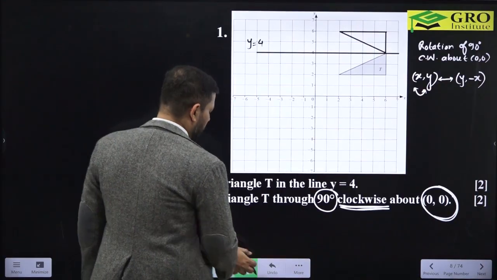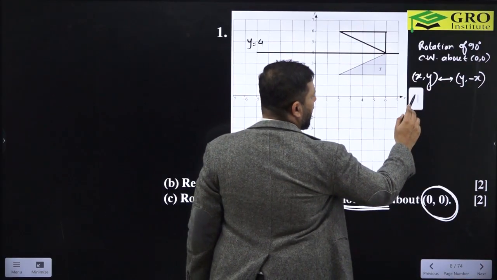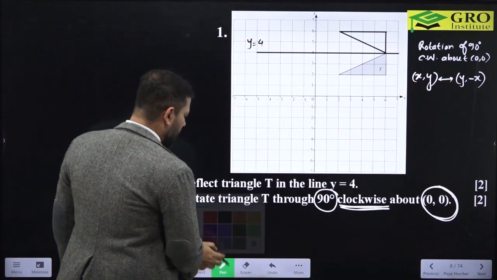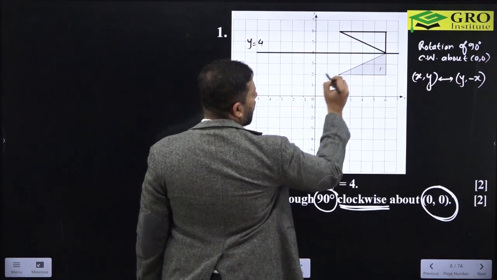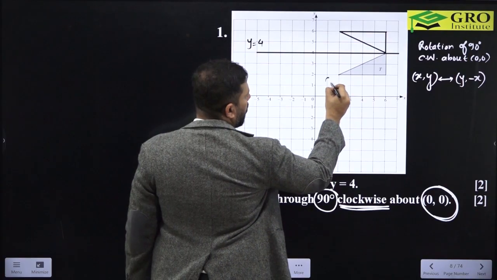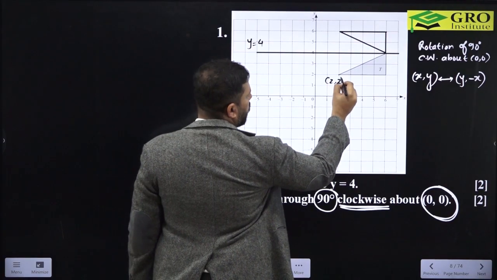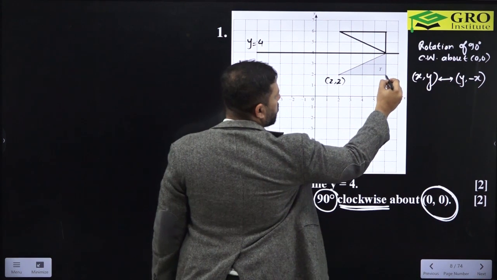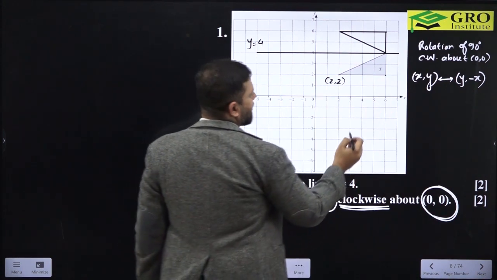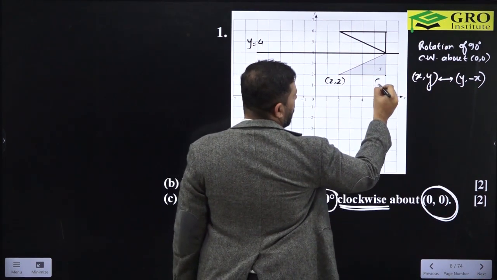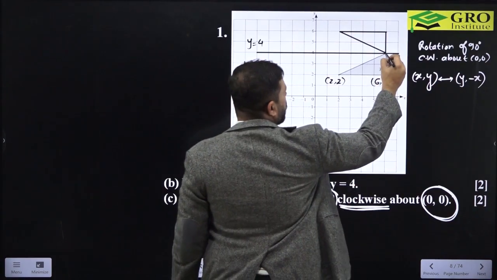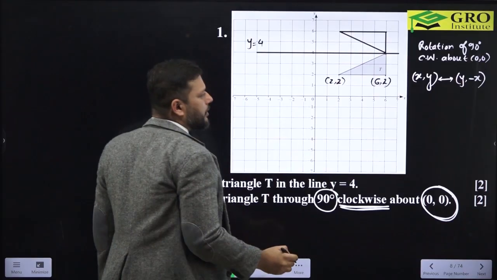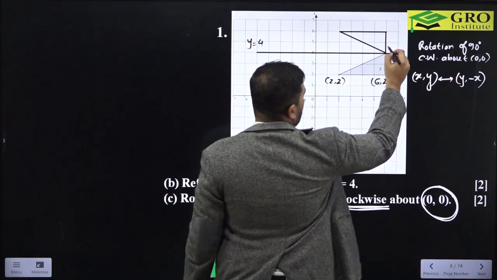So let us first find out the coordinates of the points. What are the coordinates, guys? This coordinate is simply 2, 2. What are the coordinates for this point? This vertex has the coordinate 6, 2, isn't it? And what about this top point? This is 6, 4.